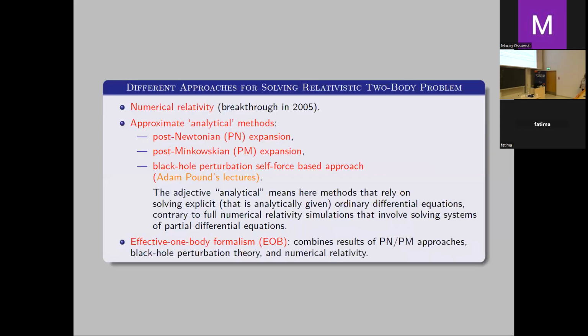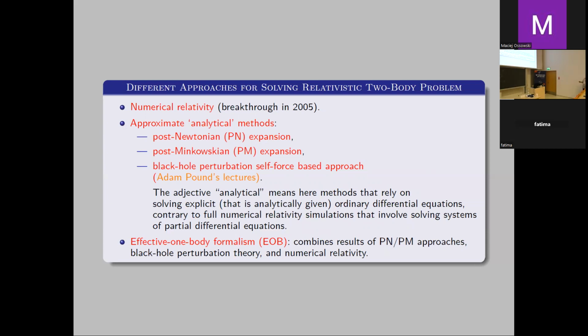And there are different approaches to do this. Of course, maybe the most accurate one is the numerical relativity approach, but it is a quite young area of research in the sense that the first successful waveform was obtained only in 2005 by Pretorius.